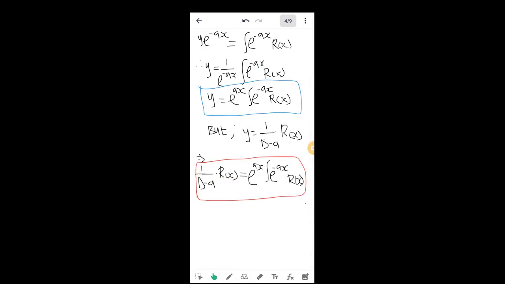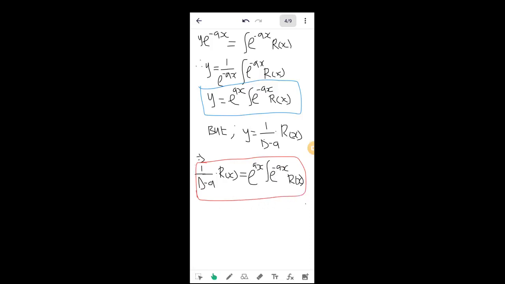Because this y is equated to 1 over D minus a r of x, and the y is also giving us e to the power ax times the integral of e to the power minus ax r of x, we can equate the two. So 1 over D minus a r of x will be equal to e to the power ax times the integral of e to the power minus ax r of x.